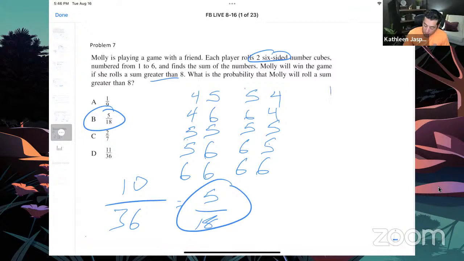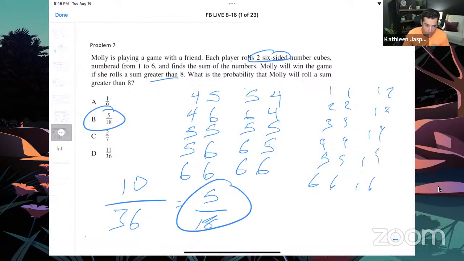So you have 1, 2, 3, 4, 5, and 6. You can roll 1 through 6 on the first die, and then you can roll 1 through 6 on the second die. Those are 6 possible combinations each. You can do 1, 1, 1, 2, 1, 3, and so on.